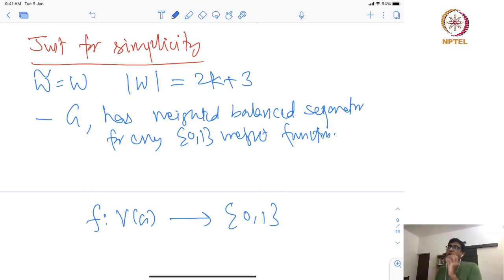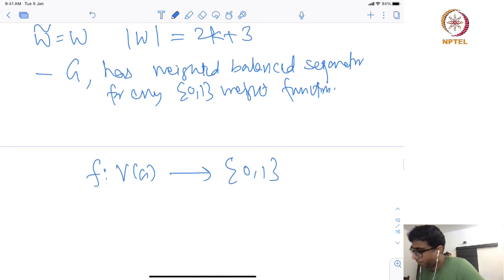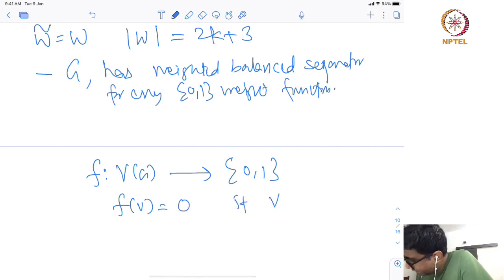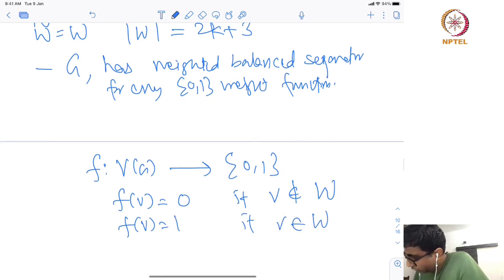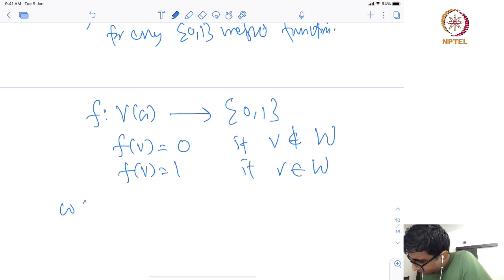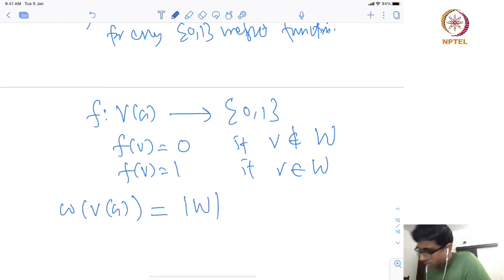Basically, I would like W to be separated very nicely. So I assign f(v) is 0 if v does not belong to W, and f(v) is 1 if v belongs to W. So notice, the weight of the vertex set of G is nothing but equal to the size of W.